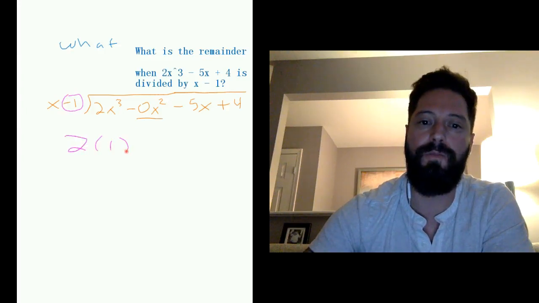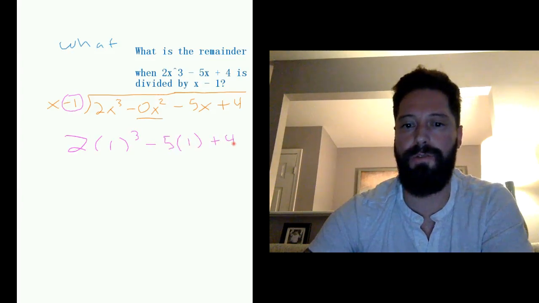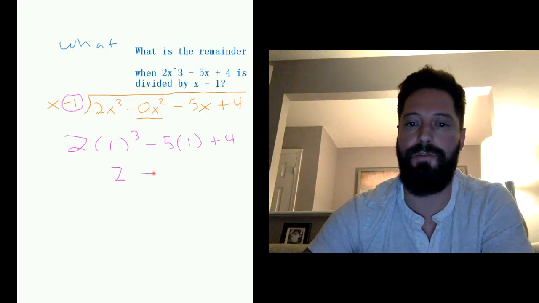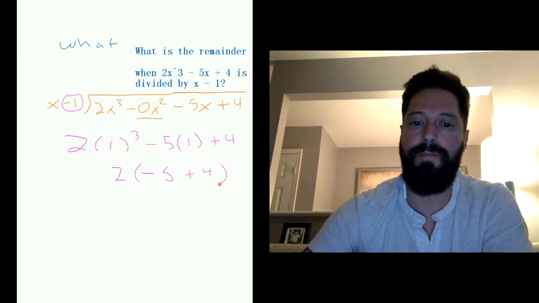So this is just 2 minus 5 plus 4. So it's going to be 2 minus 1. So the remainder is going to equal 1. So you don't even have to do polynomial long division for tomorrow's test. So you would substitute the opposite, +1.